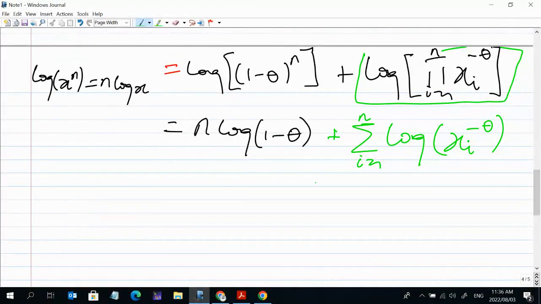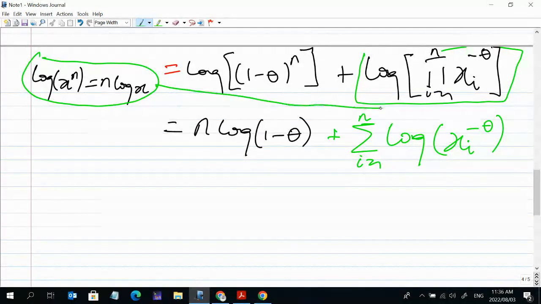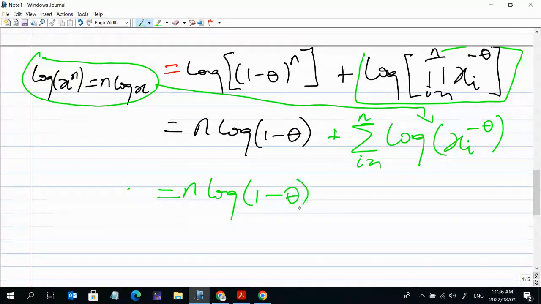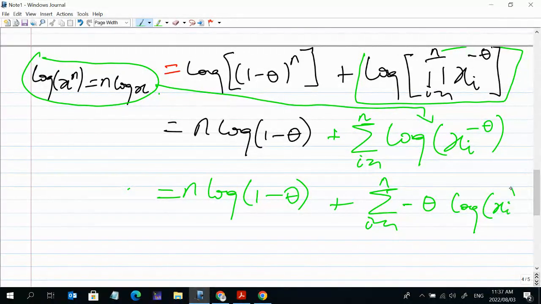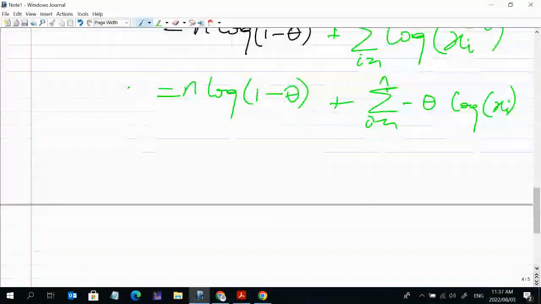Thank you. So again, I'm going to apply what I have applied here on this one. As you can see, we have the log of x to the power minus theta. So we are going to have n, the log of 1 minus theta, plus the summation of minus theta, the log of xi.